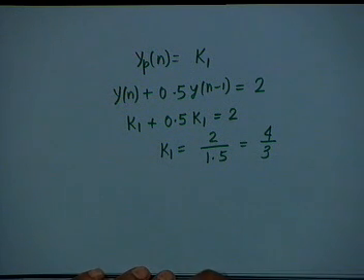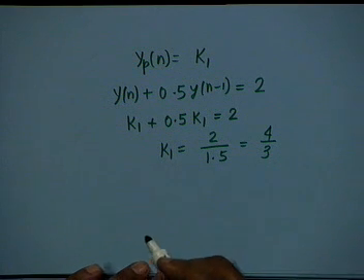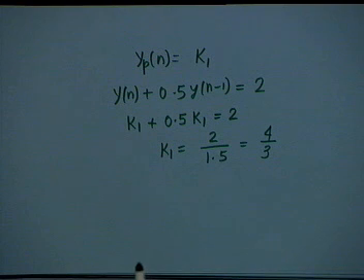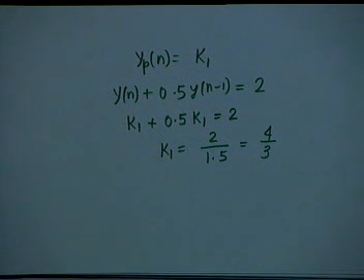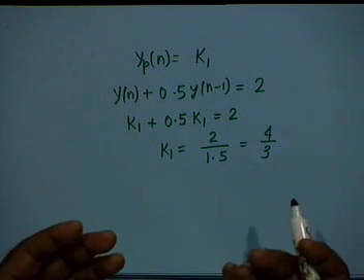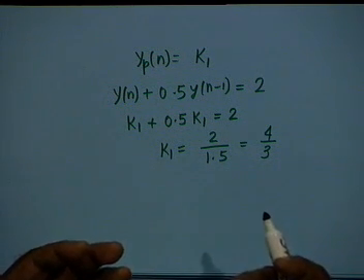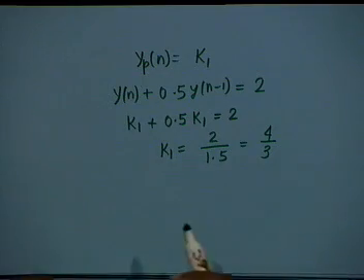4 by 3. Is that okay? I don't write it as 1.3333 recurring. In a digital system, in DSP you must be careful. Maintain a fraction till you are forced to change it, because as soon as you make a truncation, you make an error. Truncation will have to be done because of finite word length. 4 by 3 cannot be represented by binary number, right?